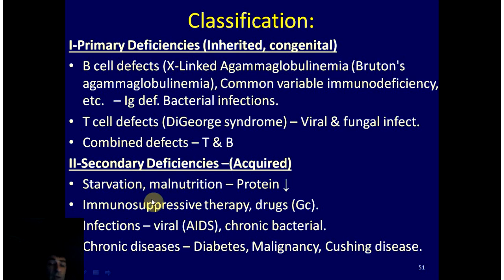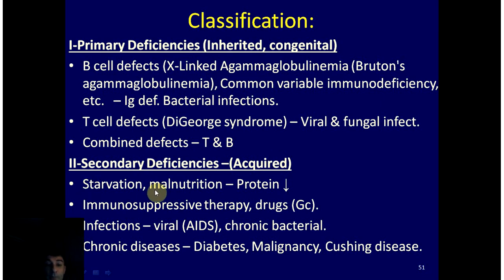And we might also have not inherited or congenital, but secondary acquired deficiencies. Please do not confuse, as I did seconds ago, acquired immune response and adaptive immune response. And here we may have secondary or acquired deficiency of the adaptive immune response.